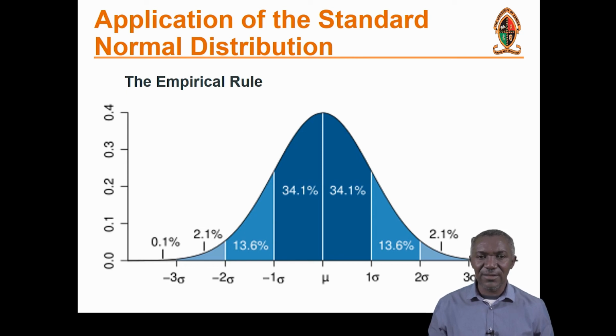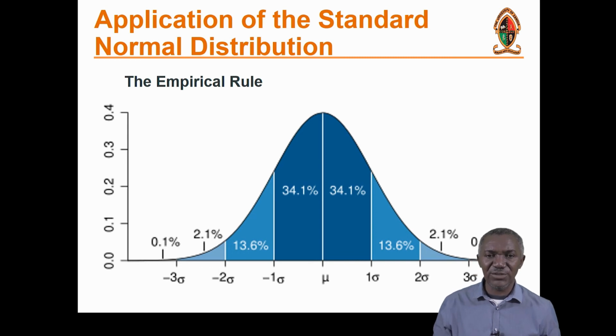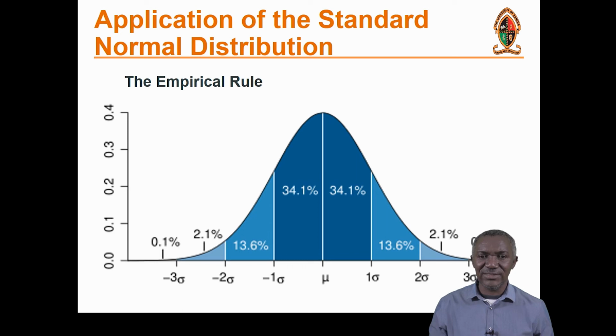And as I said, once you have a normal distribution, and you use the formula for the z-score and transform those values into z-scores, what you are going to get is a standard normal distribution.